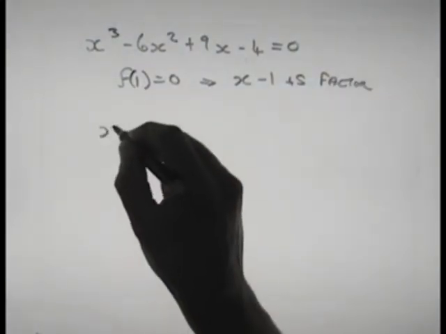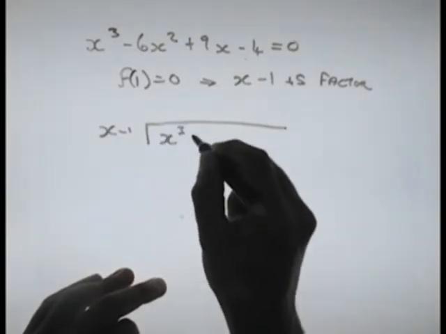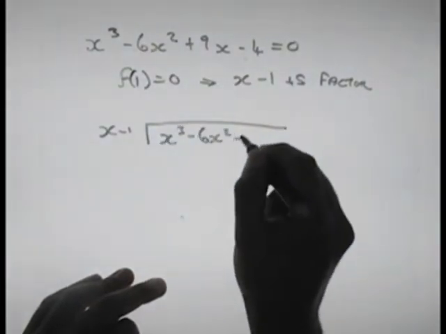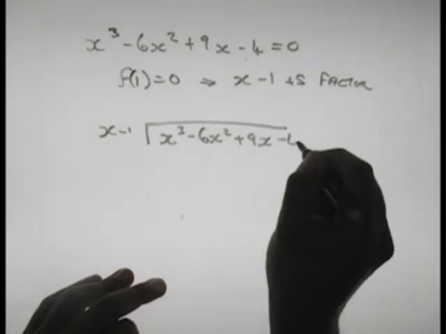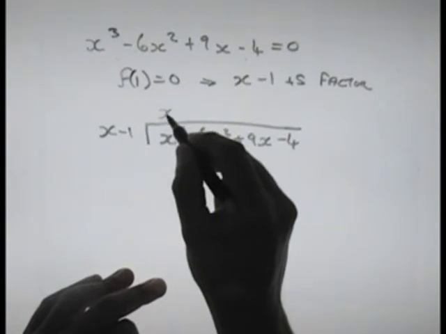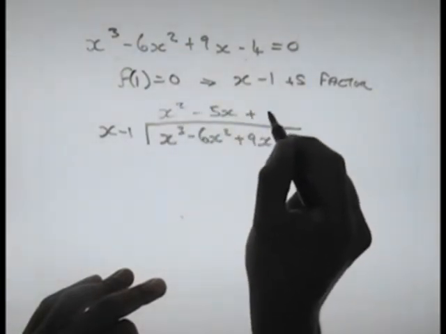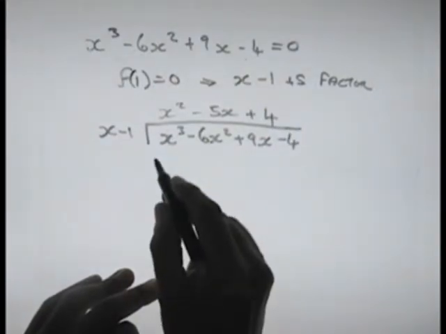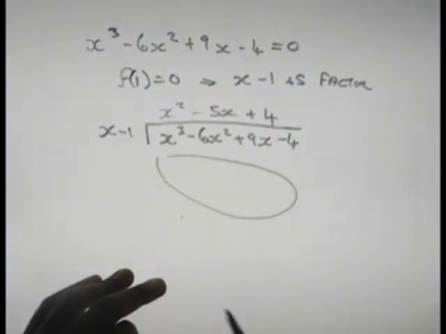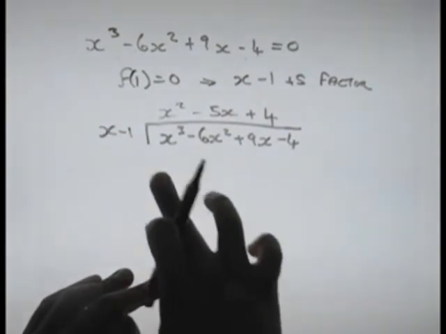If I divide x minus 1 into x cubed minus 6x squared plus 9x minus 4, that's going to give me an answer of x squared minus 5x plus 4. Please note you've got to do the full long division here. I just skipped the step because I pre-prepared this answer.